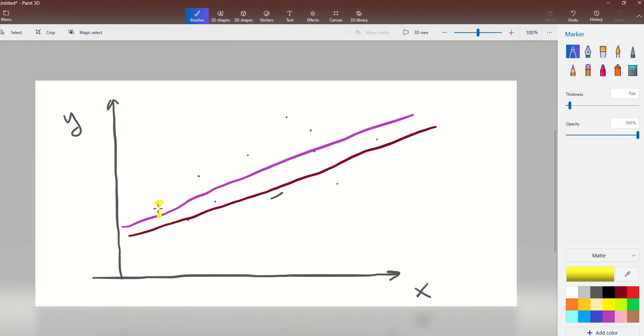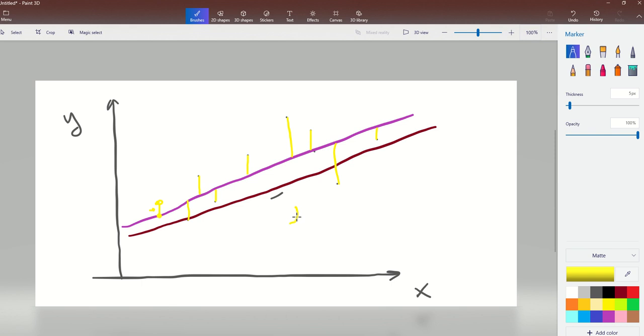So that distance is considered to be your error because you're estimating the value to be here, whereas the reality of the value is here. So you try to find all the distances from your actual value to the ones that you predicted or estimated, and you sum these values.